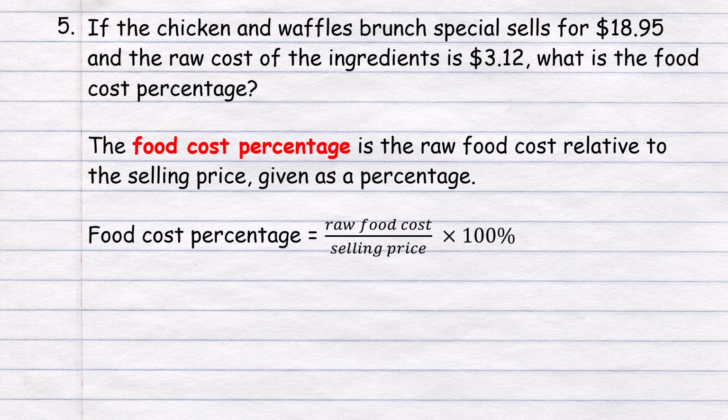Food cost percentage is equal to raw food cost divided by selling price. Okay? So we've got the raw food cost, which is $3.12, and the selling price, which is $18.95.